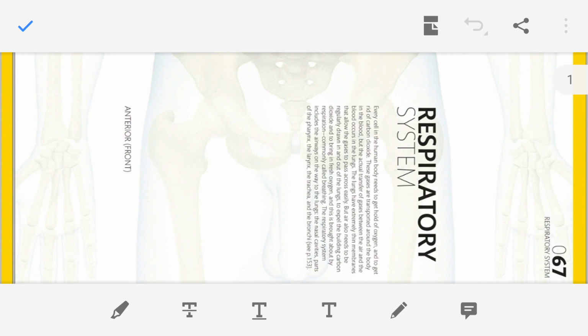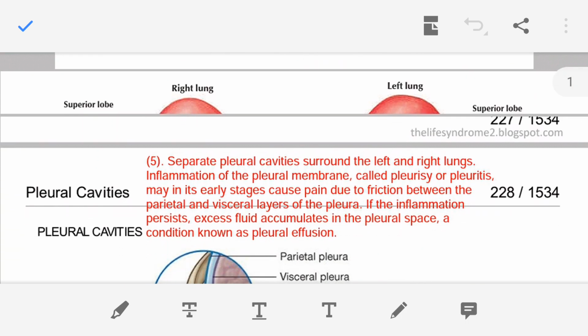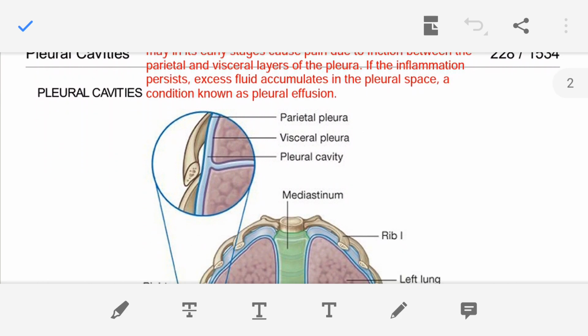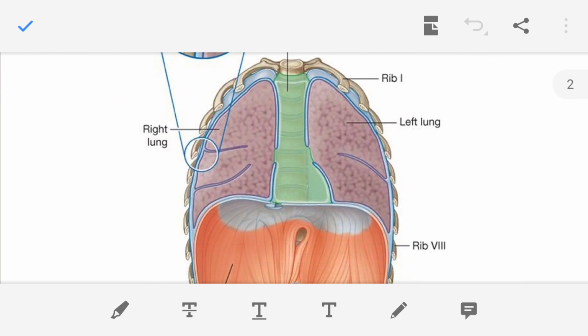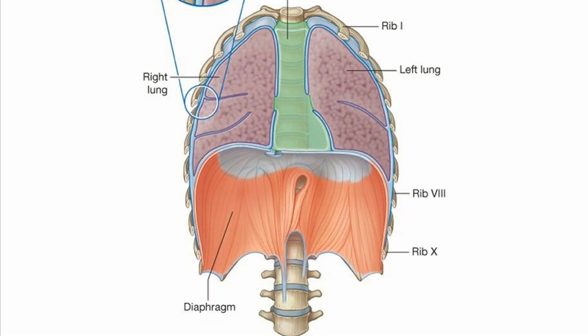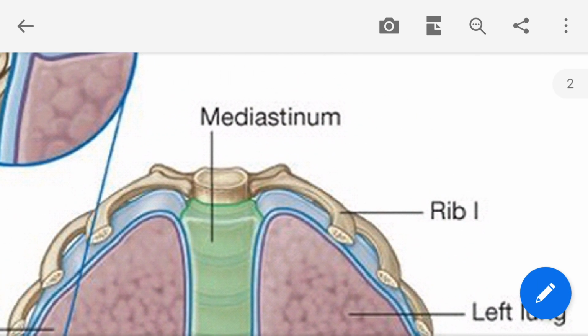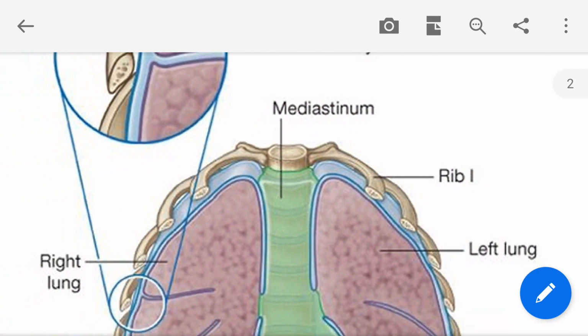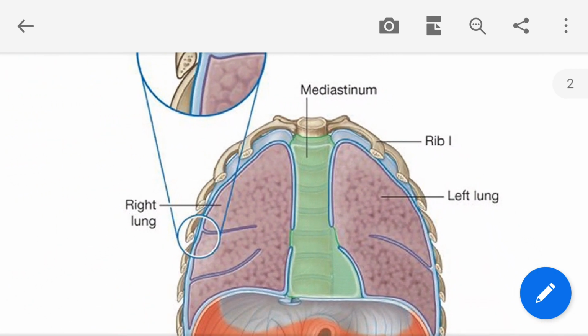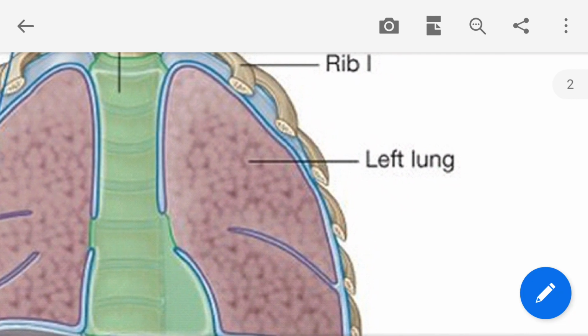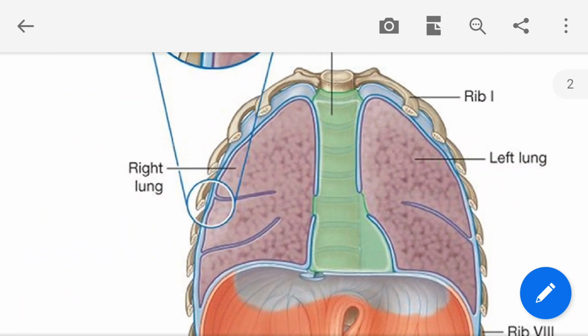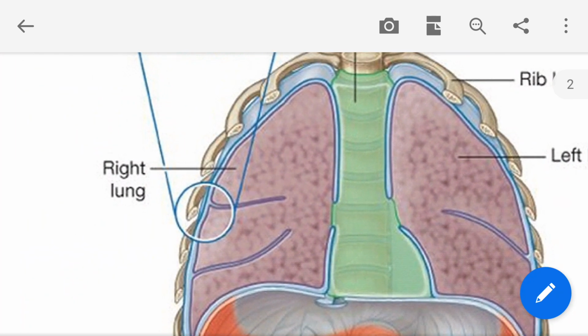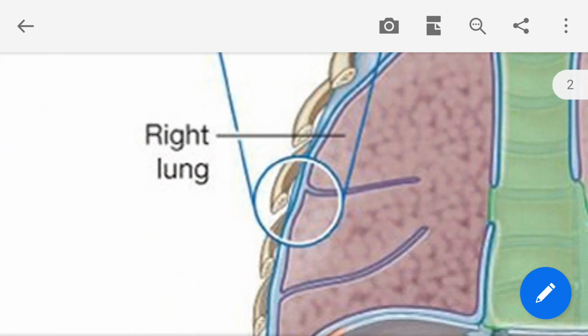Now moving on to the fifth point of our discussion. Here, first you see this figure. Mediastinum is shown in the green color, then you see this is the left lung, then this one is the right lung, and this part we are zooming in.